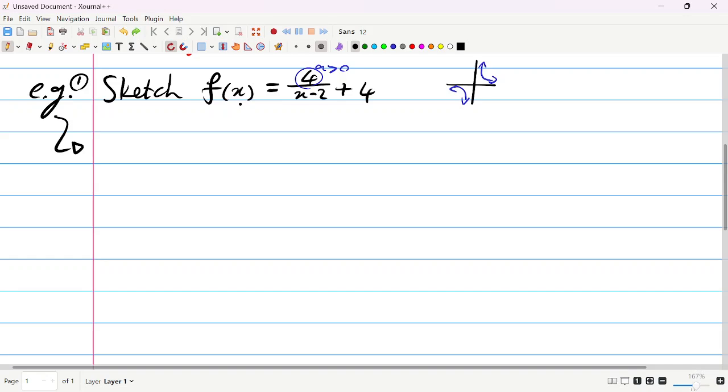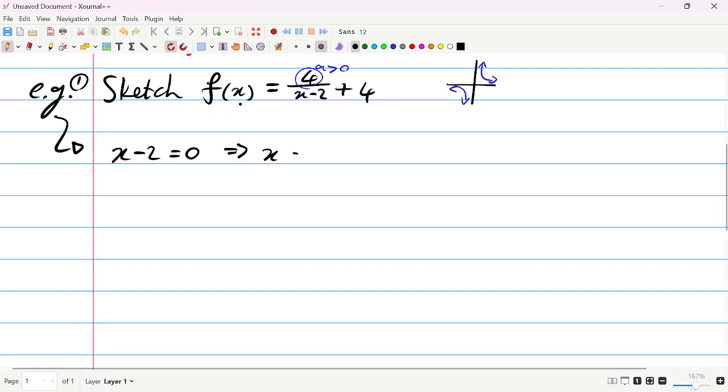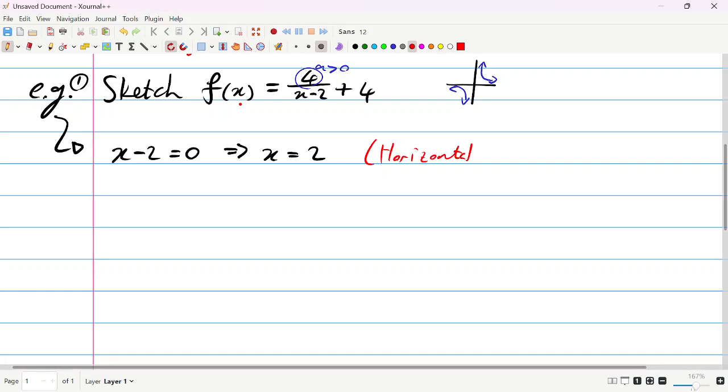What are the equations of the asymptotes? Now remember, I told you how to find the equation of the vertical asymptote. So x minus 2 is equal to 0. I said let this denominator be equal to 0, such that when we solve, x is equal to positive 2. And this is the equation of the vertical asymptote. Okay. And then for the y, we know that this is just the q value.